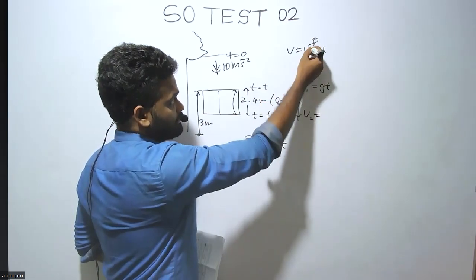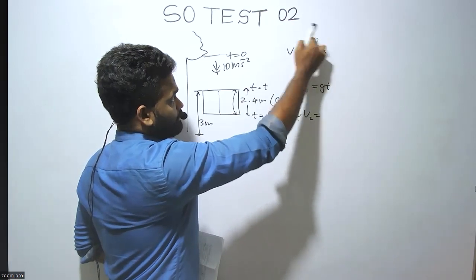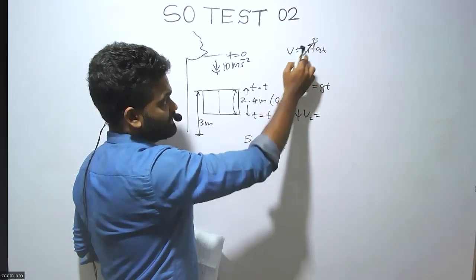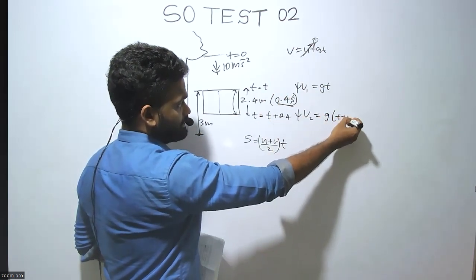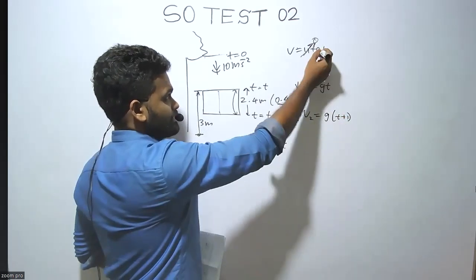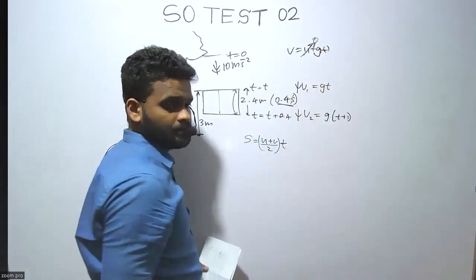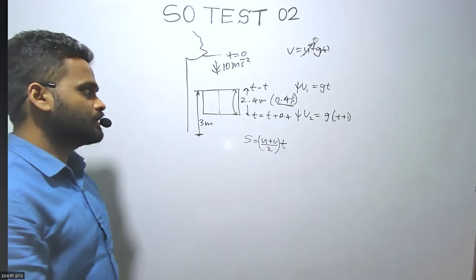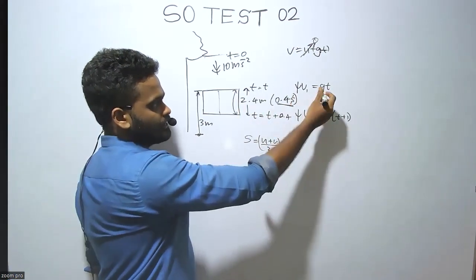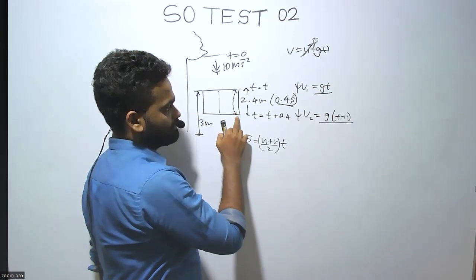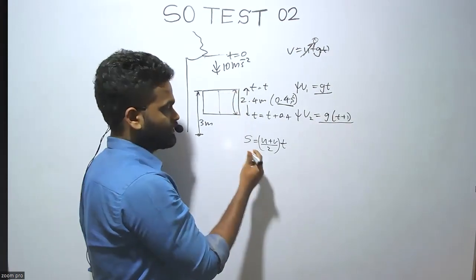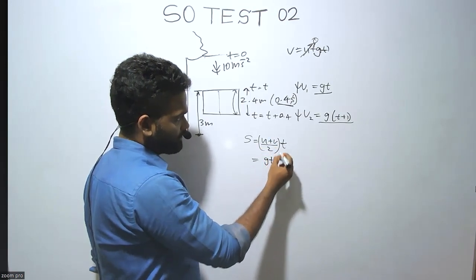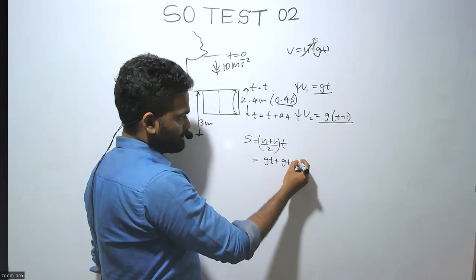Likewise here, the velocity should be g(t plus 1). Obviously acceleration is g, then time is t. So you can find velocity in each case. Now within this range, we know the initial velocity and the final velocity. Then just substitute those: the initial velocity is gt, this velocity is g(t plus 1).